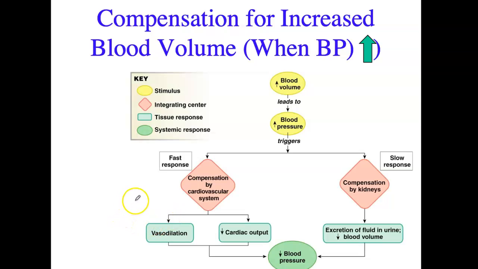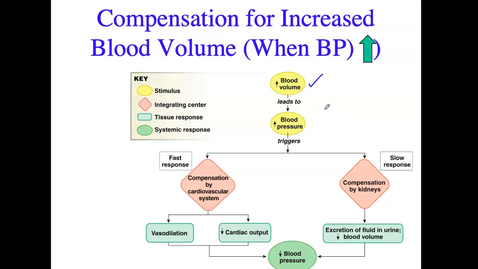There's less return to the heart, so the cardiac output is going to drop because you have less blood returning back into the heart. If the cardiac output drops, then the blood pressure drops. So that's kind of a quick way of shunting blood so that the overall pressure is dropped just through vasodilation. But it's not fixing the problem of your blood volume, the stimulus.